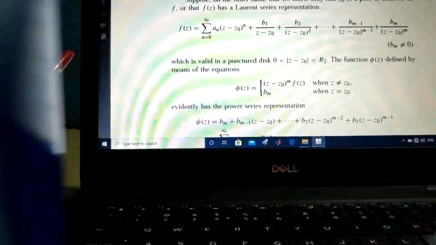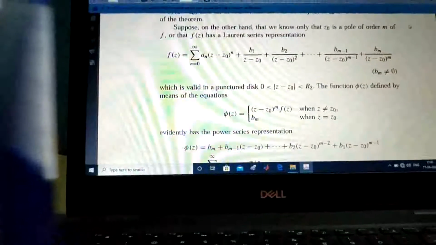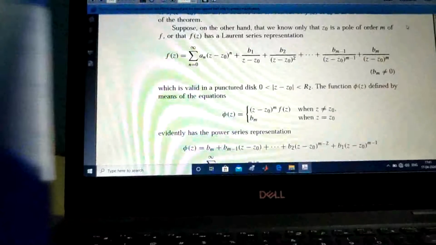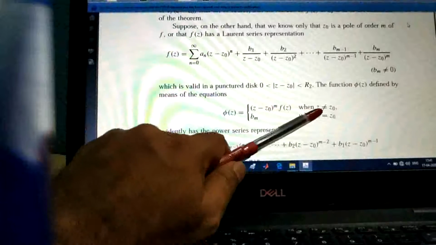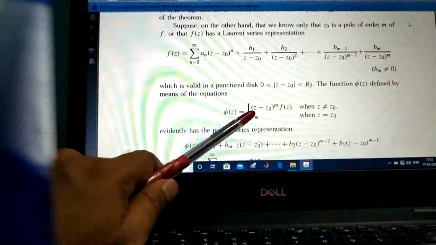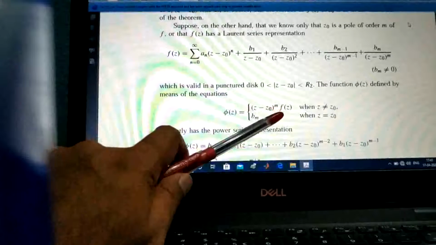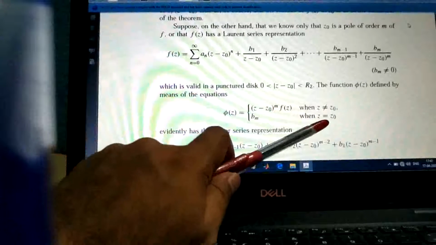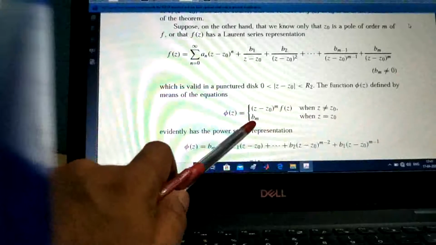So we are constructing a function phi as this. When z not equals to z naught, we are defining it like this: z minus z naught whole to the power m times f of z, and when z equals to z naught, it is matching with bm.